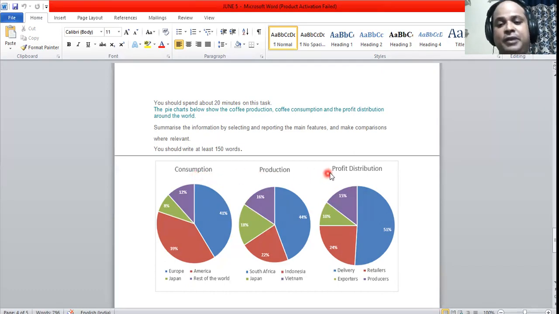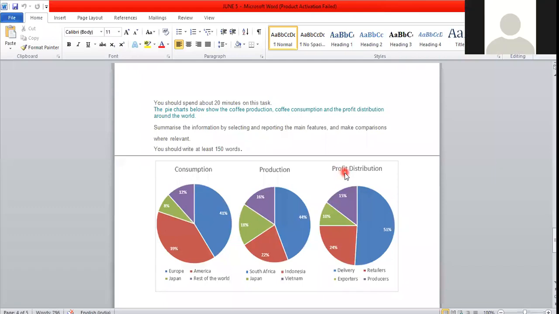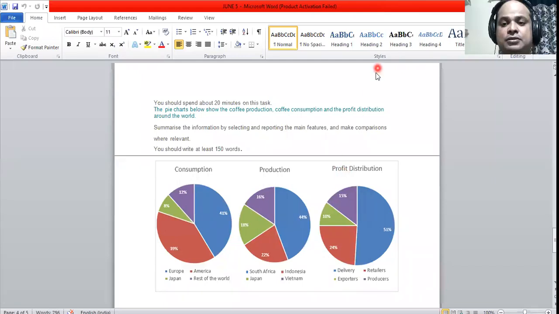And type of information number three is the profit distribution. So that's the thing here. We just move on with the question again, the pie charts. There are three pie charts showing the coffee production, coffee consumption, and the profit distribution.